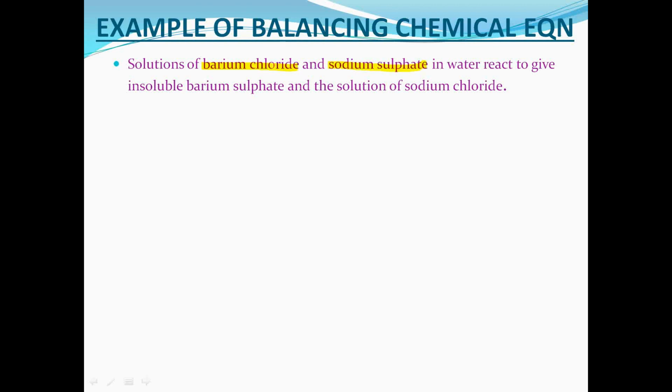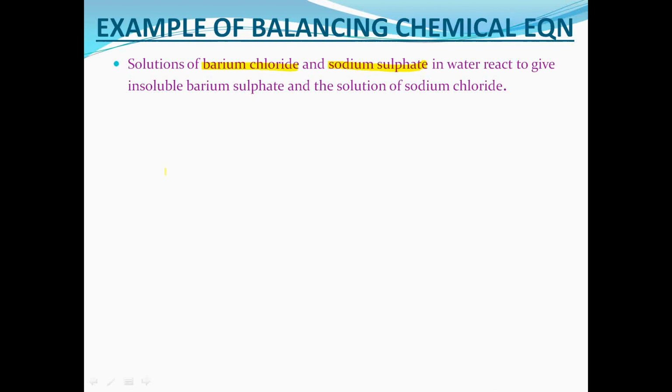Now we will discuss what we mean by solution in water at the end of this discussion. But first, it is amply clear that at the start of the reaction, we have two things, that is the solution of barium chloride and solution of sodium sulfate. So these are our reactants.